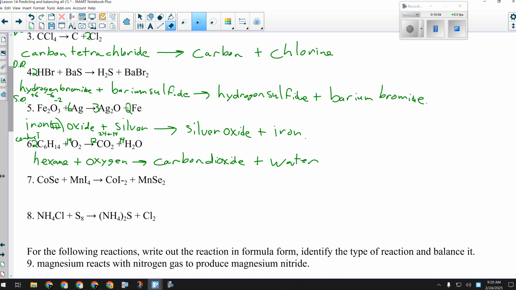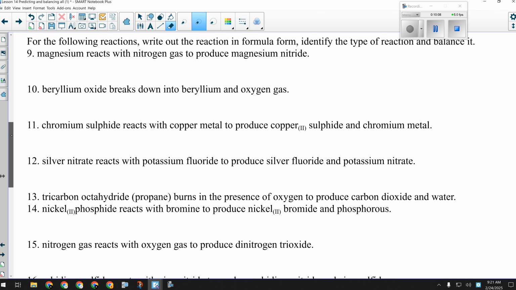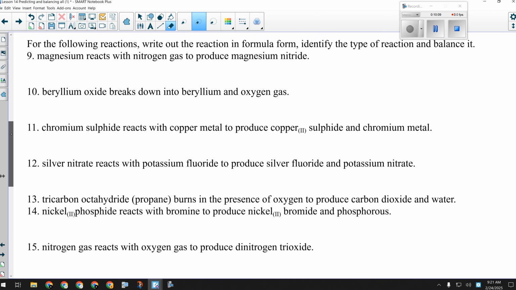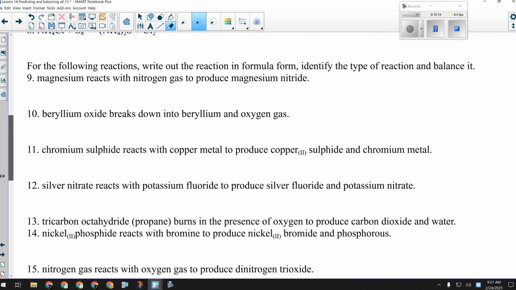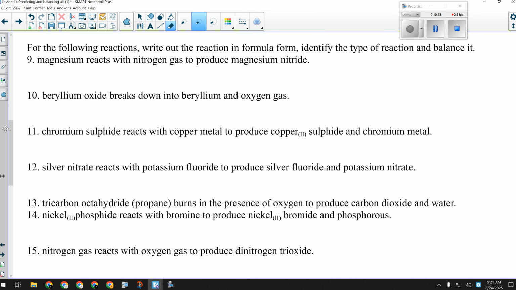Then let's see how we do with some of the ones that go the other way. Let's do 9 through 14. On number 9 here, the best thing to do before any identifying is to write out the reaction in formulas.